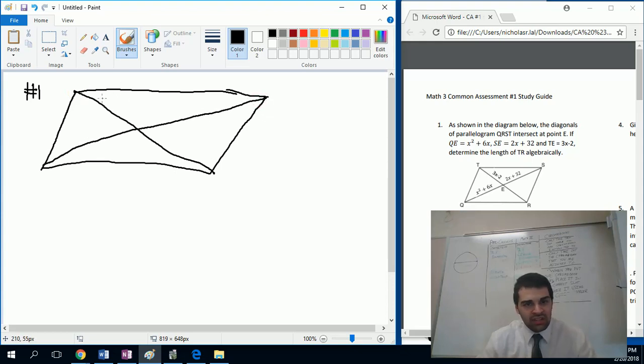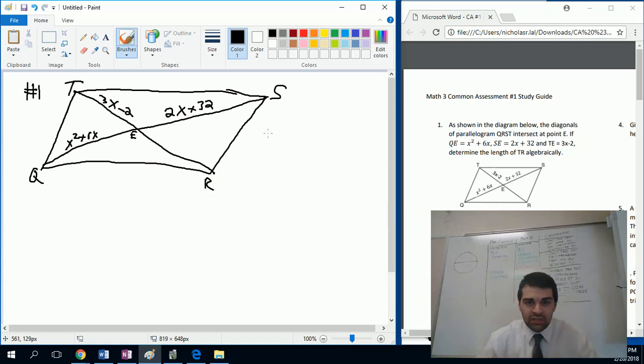This diagonal is going to be 3x minus 2, this diagonal is going to be 2x plus 32, and this diagonal is going to be x squared plus 6x. Let's label our parallelogram: this is point E, this is point T, this is point S, this is point Q, and this is point R.